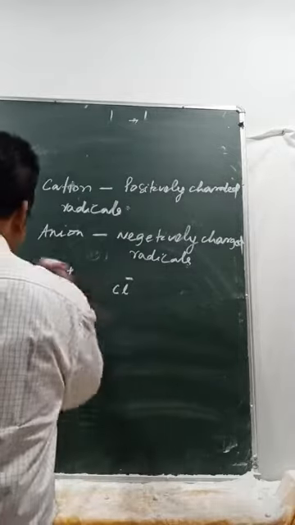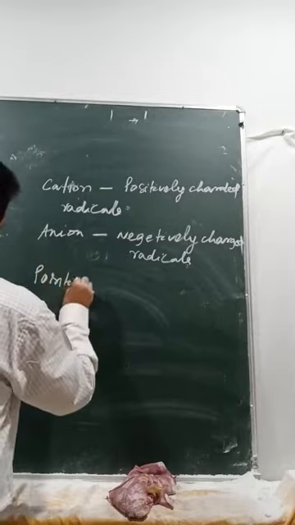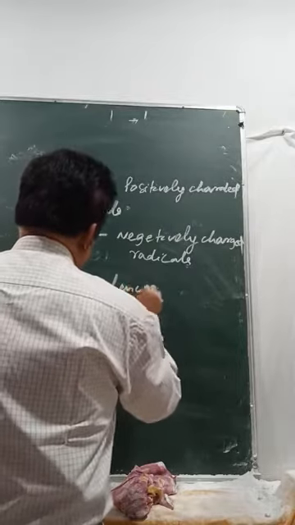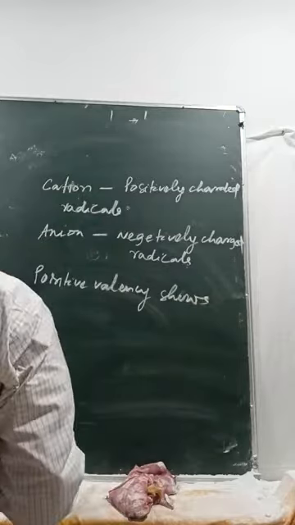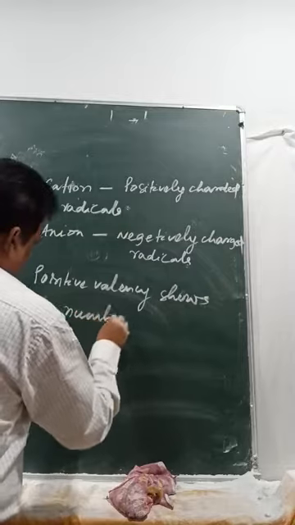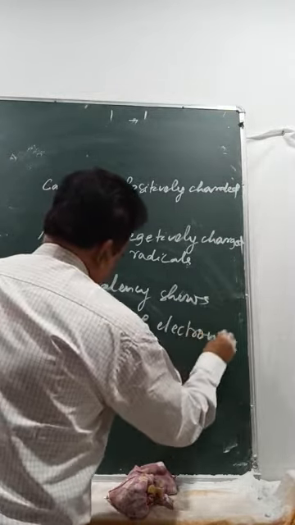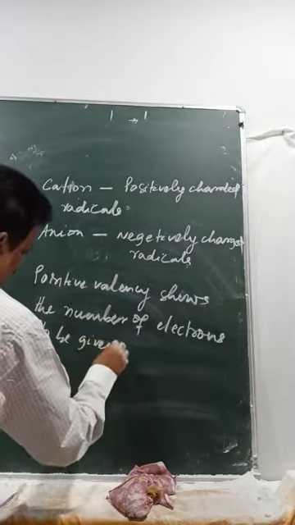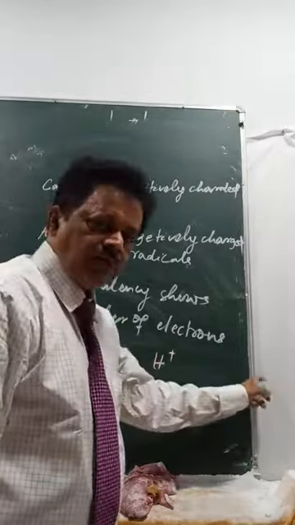Positive valency shows the number of electrons to be given. Means when I write H plus, it will give one electron to the other atom.